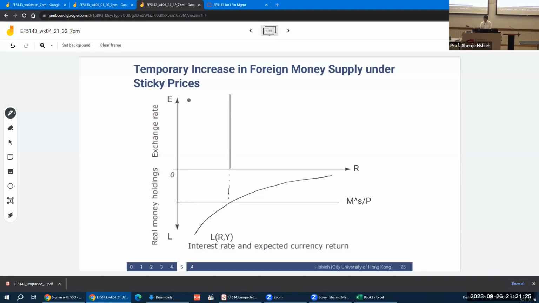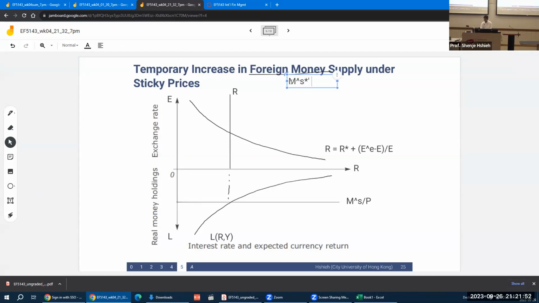And what's the curve here? Let's write out the UIP relationship, or the simplified one. So let me write out what happens. So, an increase in foreign money supply. So that's MS star.